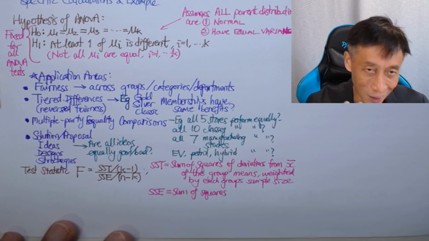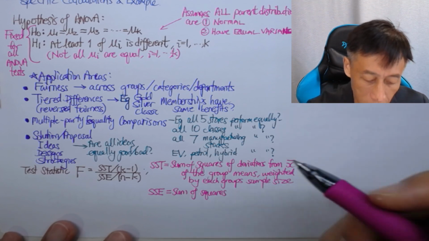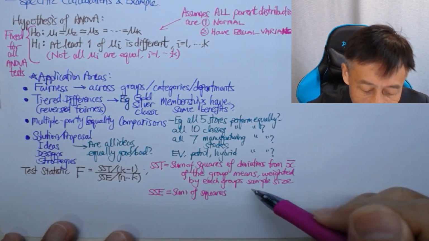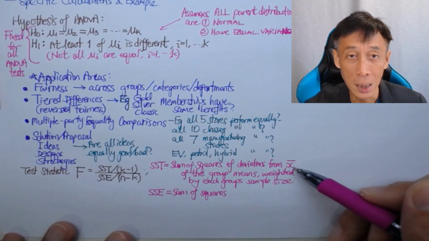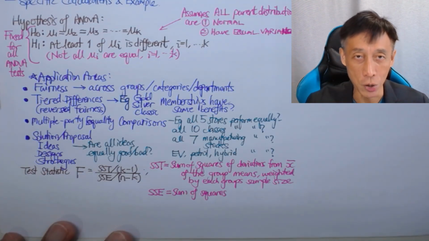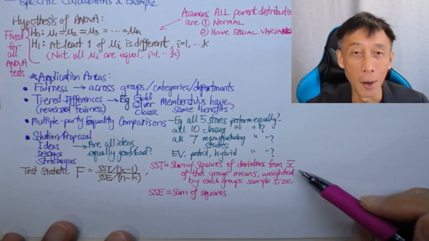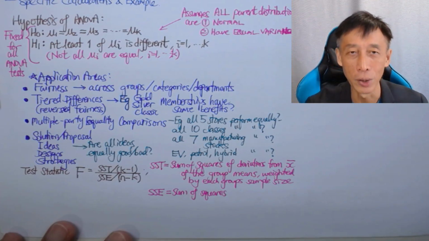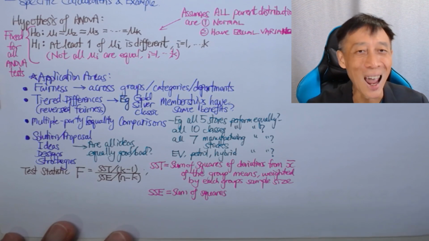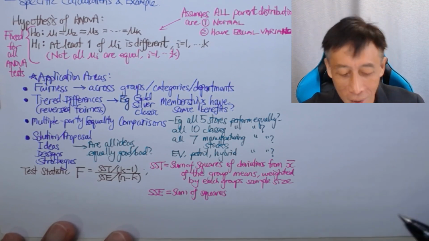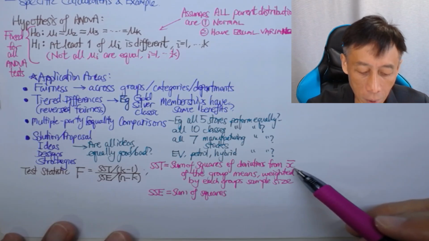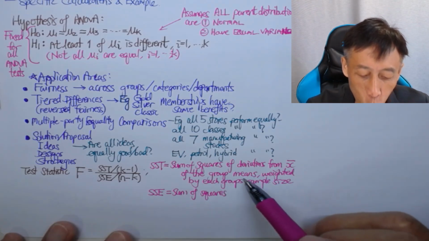So when the data arrives, it's already in a table form. So the sum of squares of the deviations from the overall mean means we treat all the numbers as sequential and take the average. That's the x bar. It's like discarding the boundaries of the groups, treating everything as one big population, one big sample, taking the average. That's my x bar. So we find the group means.